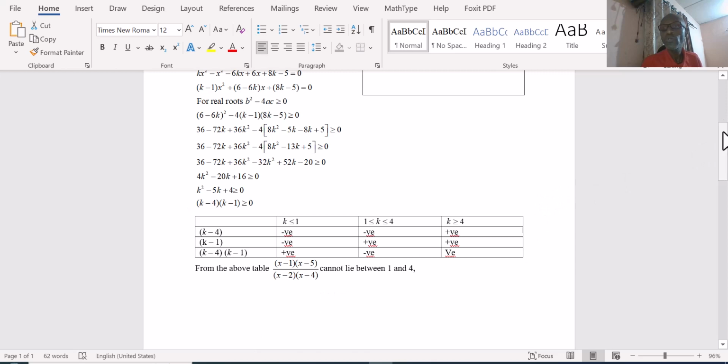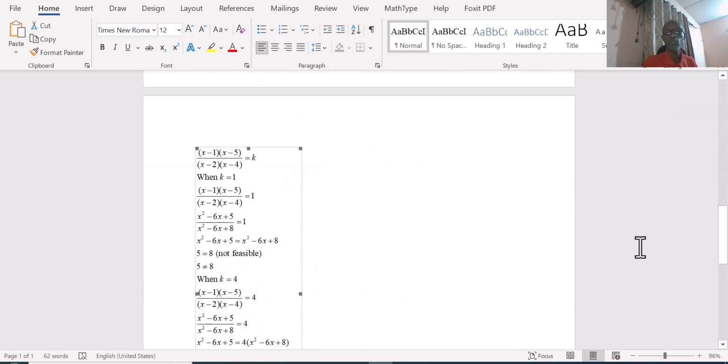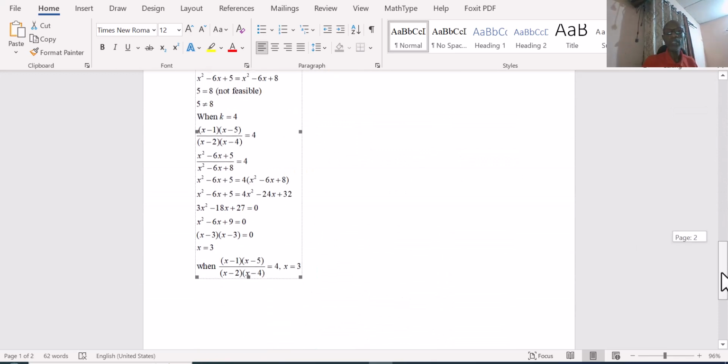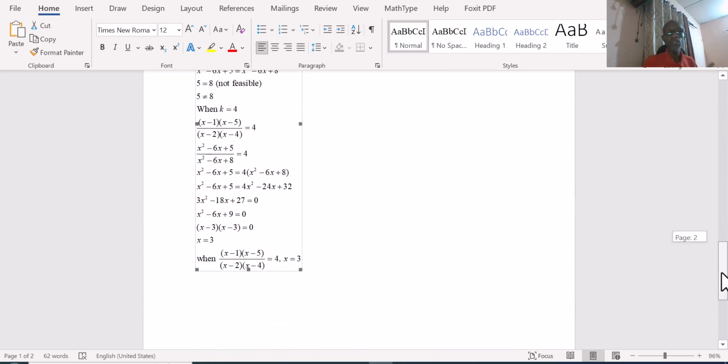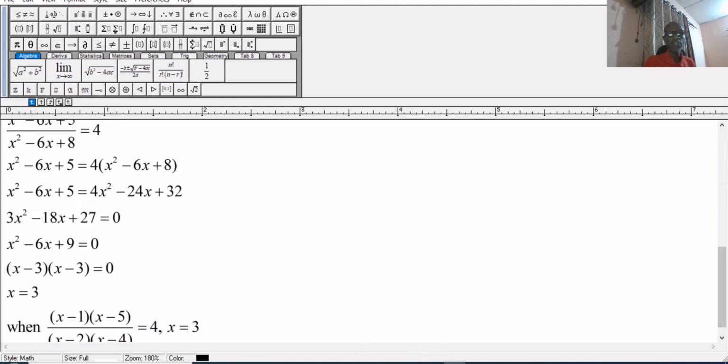I want you to look and say, can it attain these values? We can only attain this value when k is equal to 4, and that's what we got. At k equals 1, you cannot attain these values. But when k is equal to 4, you can attain that value, and x will be 3.